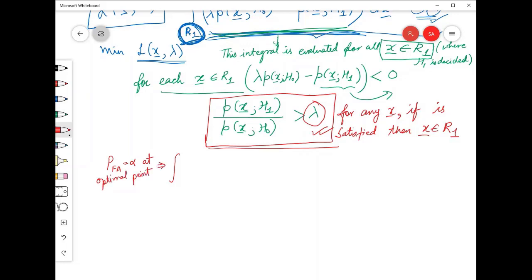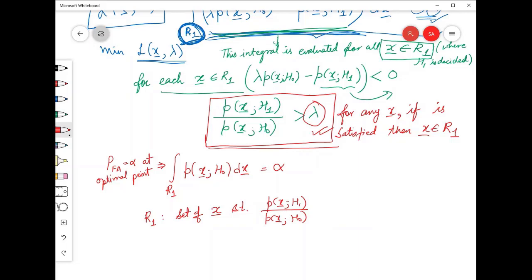This implies the integral over R1 of probability of x given h0 dx is equal to alpha. Now what is R1? R1 is the set of points x such that probability of x given h1 divided by probability of x given h0 is greater than lambda.